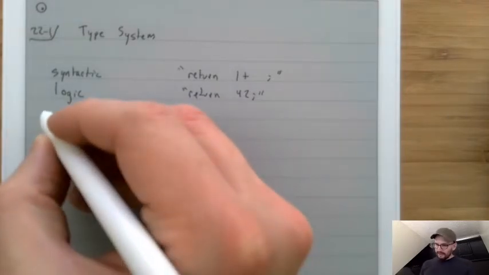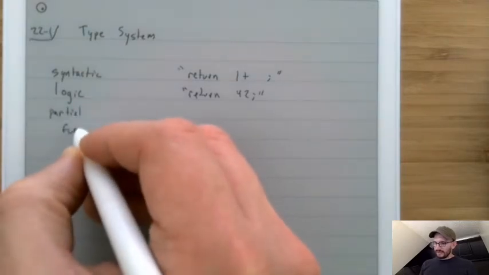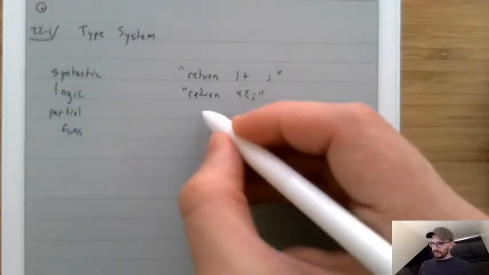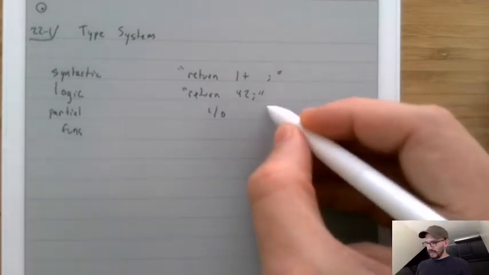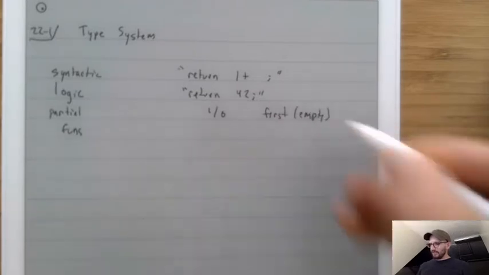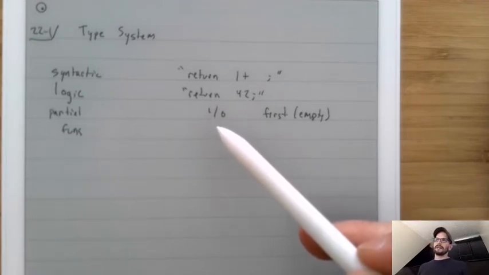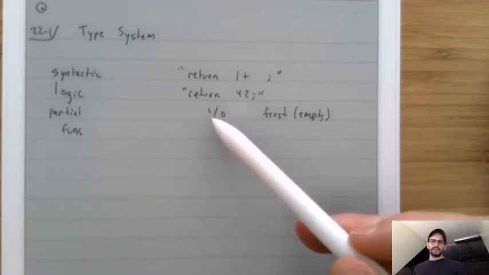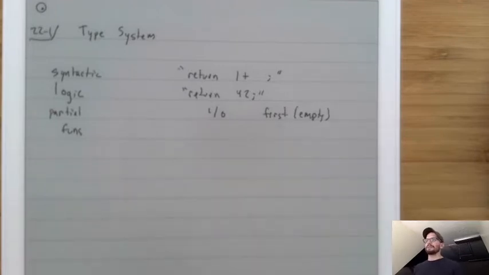There can also be errors like applying partial functions. For example, 1 divided by 0, or taking the first of empty. These things don't make sense because the operation is not defined. Division is not defined with 0 as the second argument, and first is not defined on an empty list.